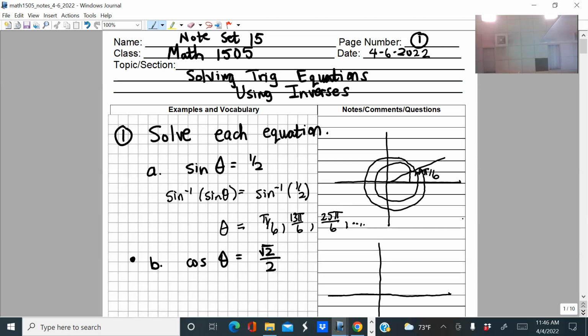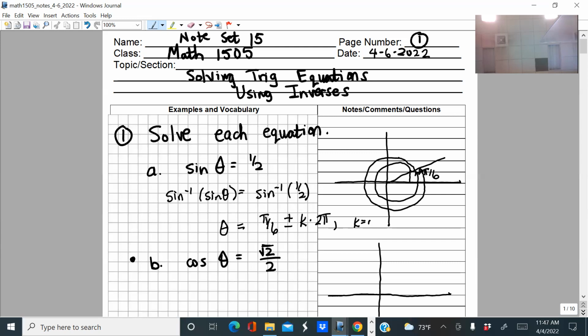Whew, that's a lot. So here's how we can express all of those solutions quickly. Start with the basic solution of pi over 6, and then just write this: I can add or subtract any multiple of 2 pi. So k here represents a multiple of 2 pi that I'm adding or subtracting.